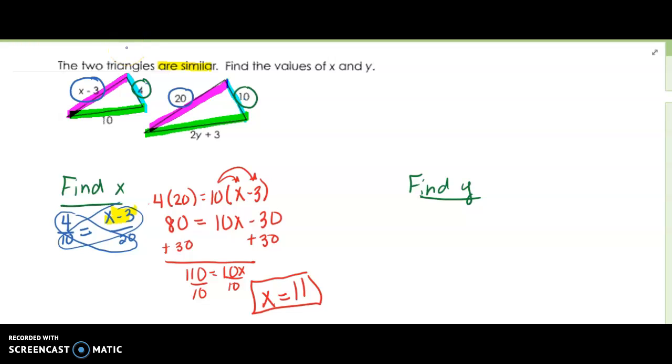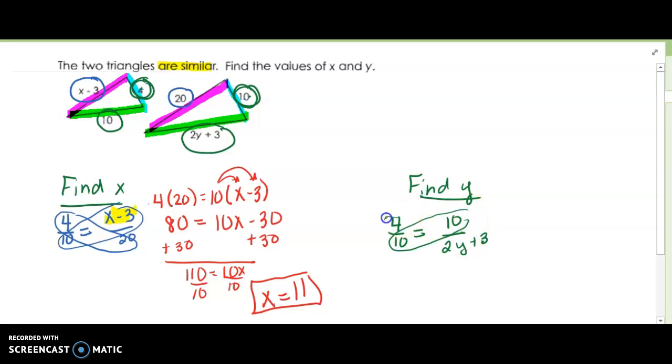Alright, now I want you to go ahead and find Y on your own, and then we'll go over it. Alright, so when we find Y, once again, we're still going to use this 4 over 10. So 4 over 10 equals, the triangle on the left is on top, triangle right is on bottom, so this 10 is going to be on top, over 2y plus 3 on bottom.